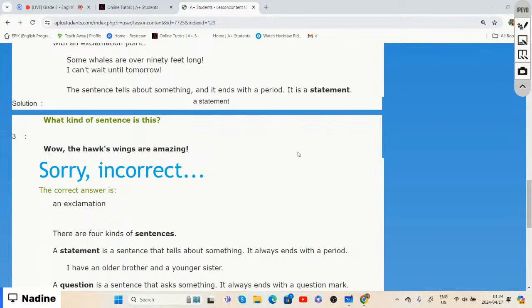We need to say what kind of sentence it is. Is it a statement, a question, a command, or an exclamation sentence? It ends with an exclamation point.